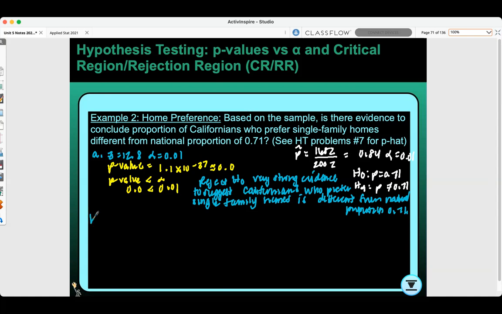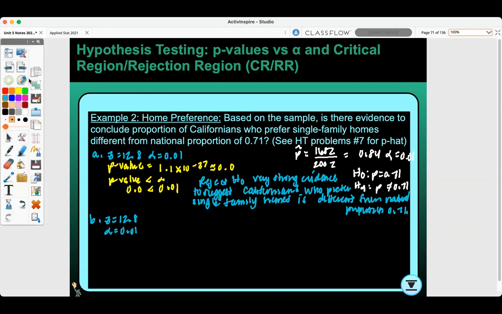Okay, so let's go ahead and look at B. With B, we have our z-value from A, which was 12.8. Our alpha equals 0.01, but we need to remember to divide that by 2 because this is a two-tailed test, and you get 0.005. So let's go ahead and draw this.